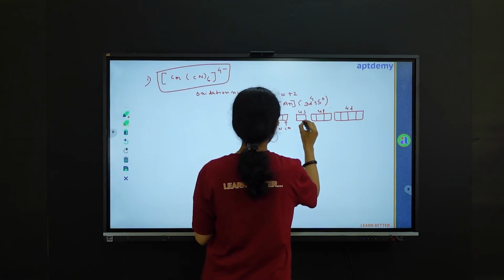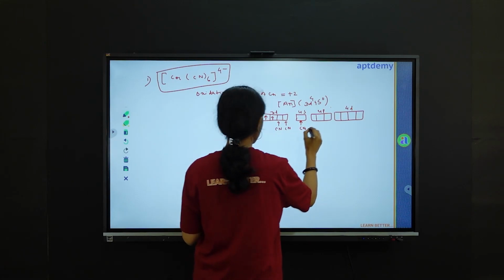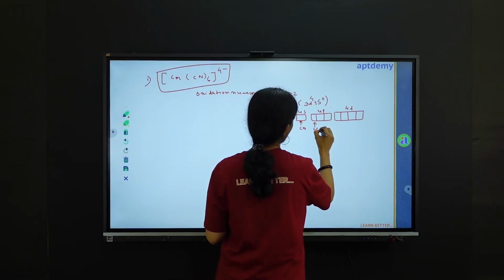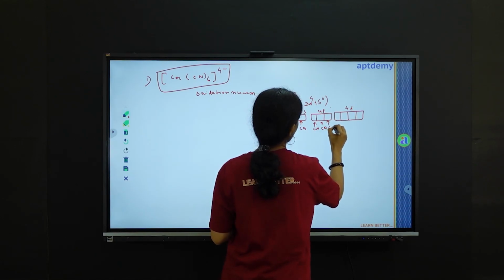There are 6 CN- ligands in this complex which are attached in this way, right?